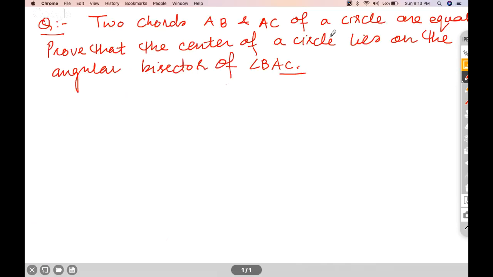Just solve this question. I'll give you 2-3 minutes to solve this question.